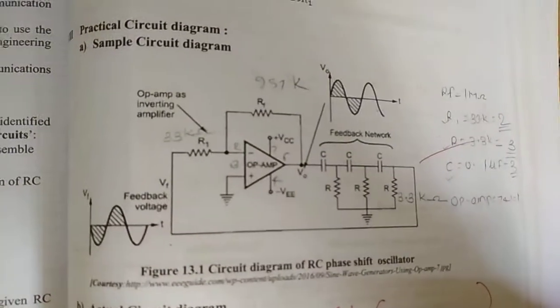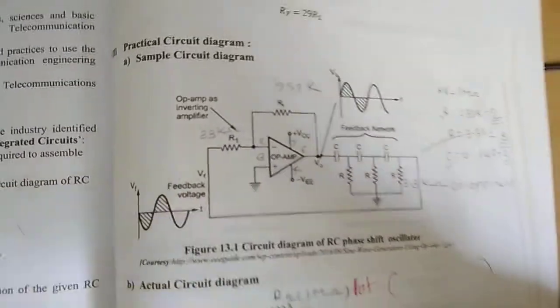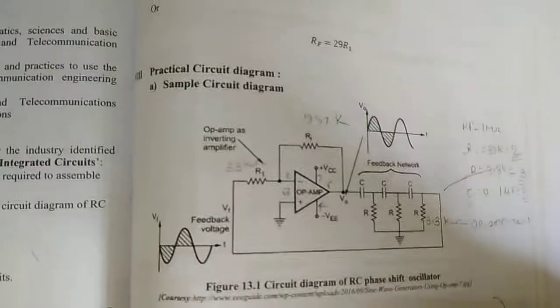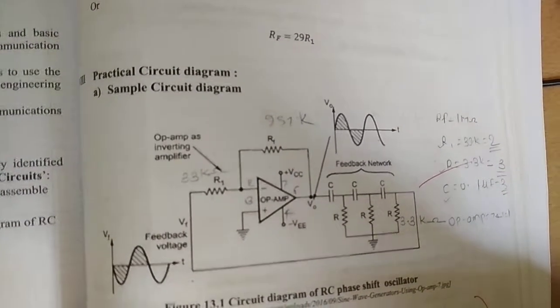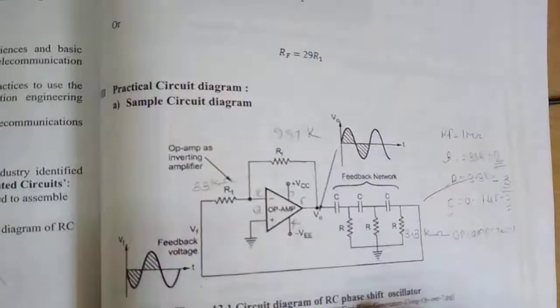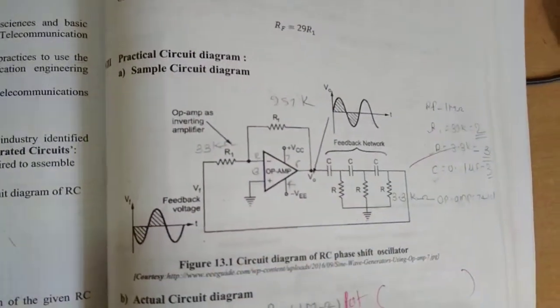So this is the RC phase shift oscillator. It consists of this operational amplifier, and in the IC form we have the 741 for the practical session, and this is the feedback network or feedback mechanism.